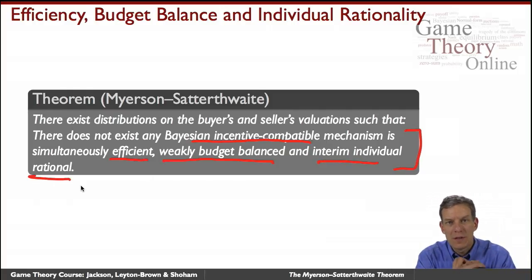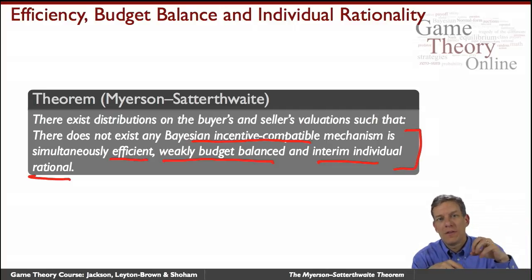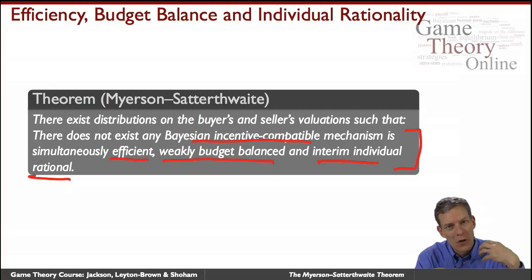So if you want to make the decision of, in this case, trading always when you should and not trading when you shouldn't, making sure that it's weakly budget balanced, so that the amount that the buyer pays is at least the amount that the seller gets, so we're not having to stick in extra money in order to make this thing work. And it's interim individually rational, so individuals don't want to walk away once they're told their value and told what they expect to get out of this mechanism. They don't want to walk away from the mechanism.